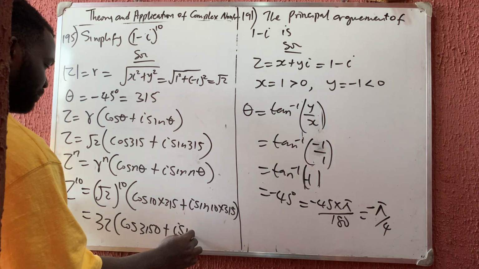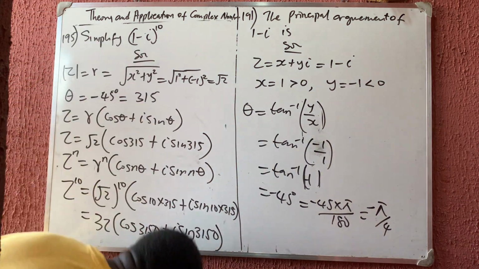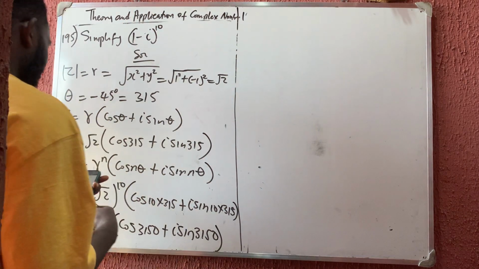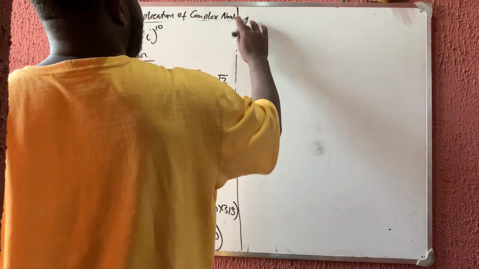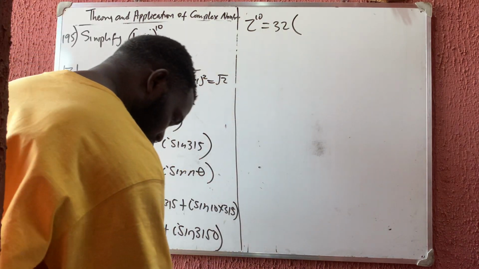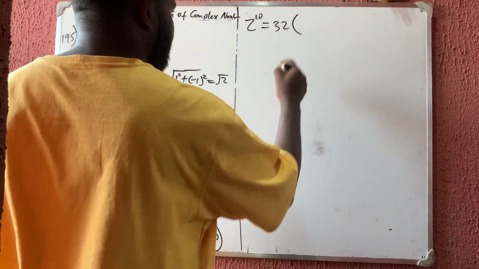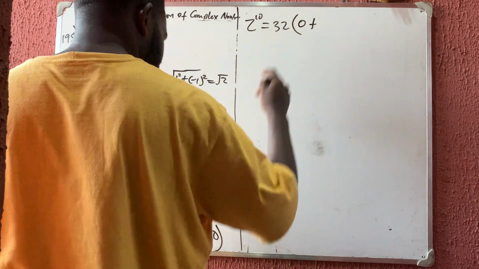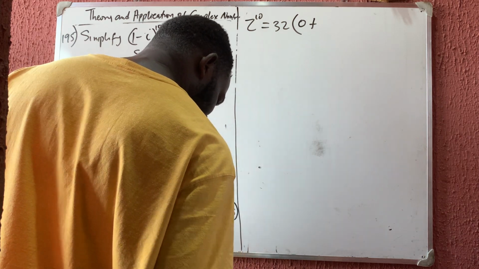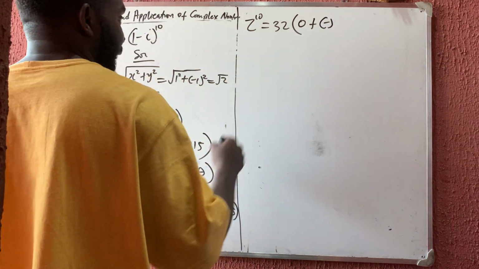If you now use your calculator to get that, I have that my z raised to power 10 is equal to 32 in bracket of cos 3150, I'm having 0, plus sin 3150, I'm having minus 1, so into minus 1, so i.